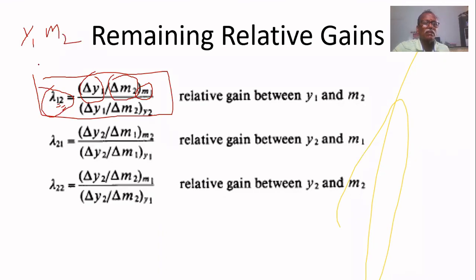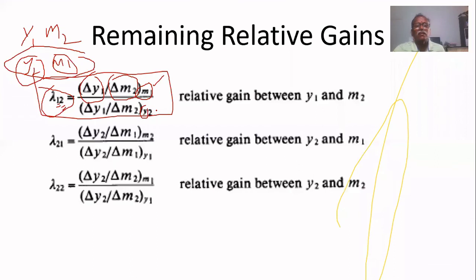What are the other variables involved? y2 and m1. In the numerator we always have to keep the manipulated variable constant, therefore m1 constant. In the denominator, we always keep the other output constant, therefore y2 constant.